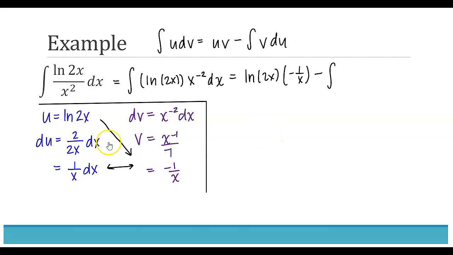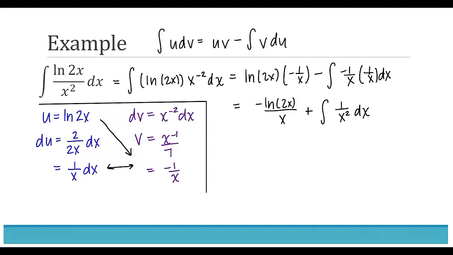So here, I'm going to multiply v and du together. That's going to be negative 1 over x times 1 over x dx. So now I have negative natural log of 2x over x plus the integral of 1 over x squared dx.